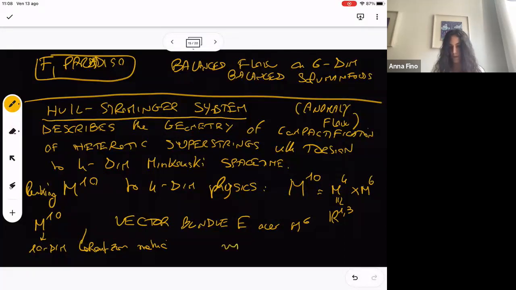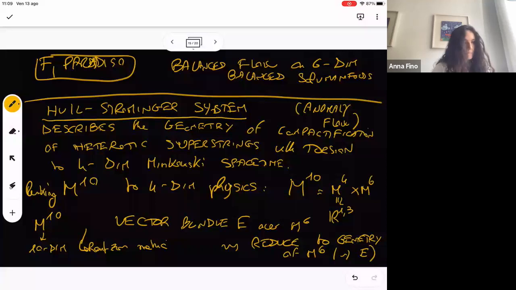Not all completely, we'll see why, but we reduce almost all the equations coming from superstring theory to the geometry of M6, and of course also to the gauge bundle E.